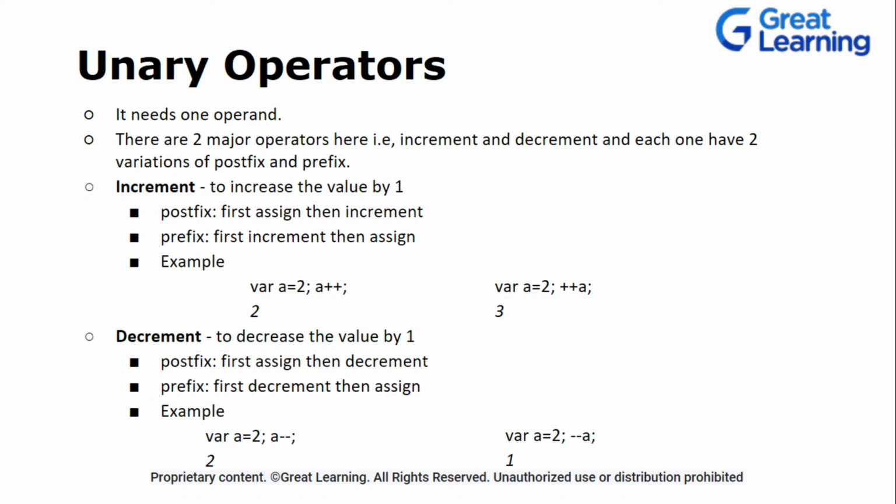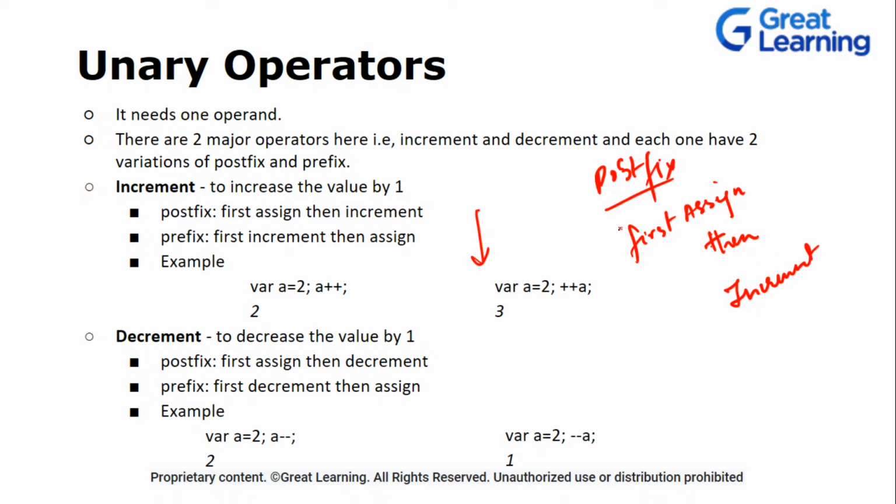There are a lot of questions that are asked on this. So now let's try to understand what is prefix and postfix. Postfix means first assign the value, then increment. Post, do the increment at the end.